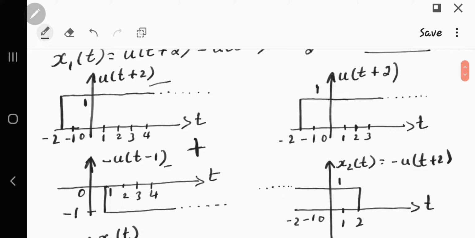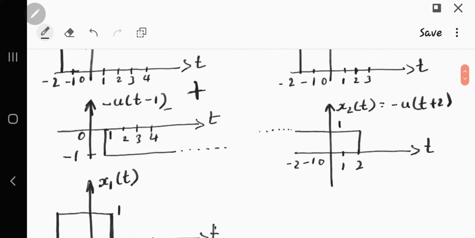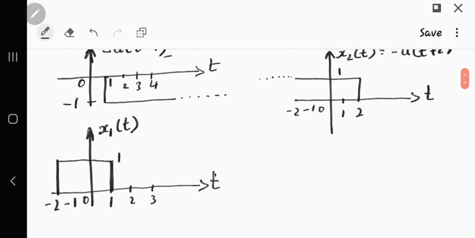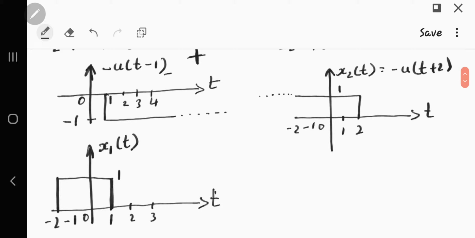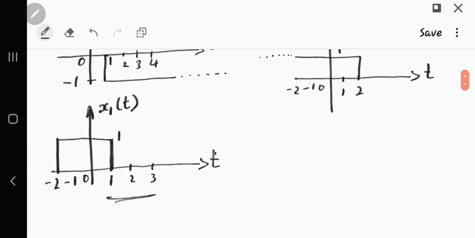From minus 2 to plus 1, we don't have any signal from minus u of t minus 1. Adding to this signal, from minus 2 to 1 you will have the amplitude 1, and from 1 onwards, plus 1 minus 1 becomes 0. So after 1 the signal will become 0. So this is the plot of x1 of t.